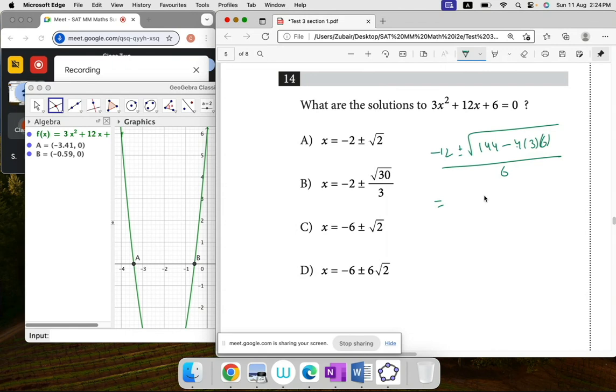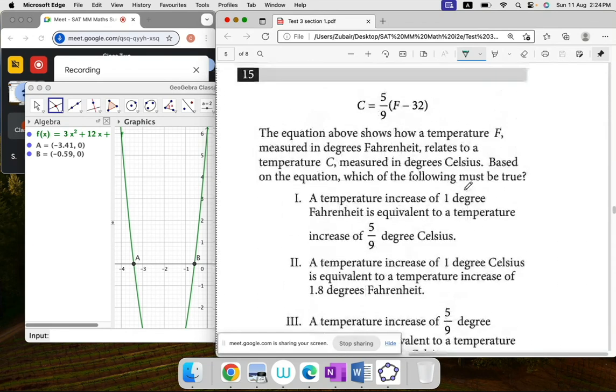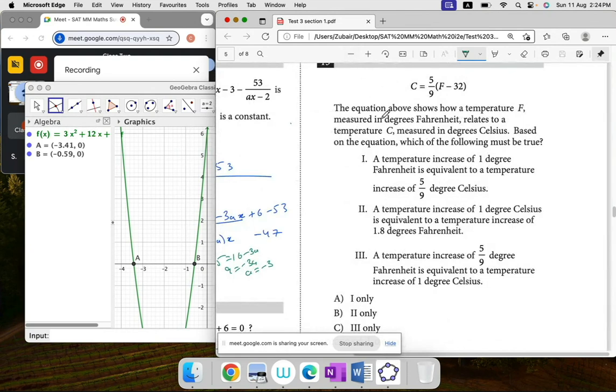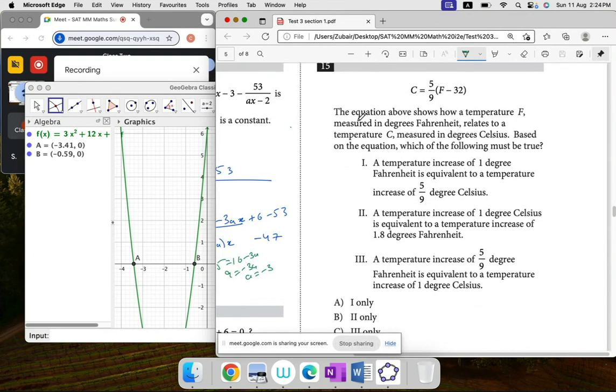So I'm getting 2 plus square root 2 and 2 minus square root 2. 15. Yeah, I got this answer. Good. Yeah, same. 15. Okay.